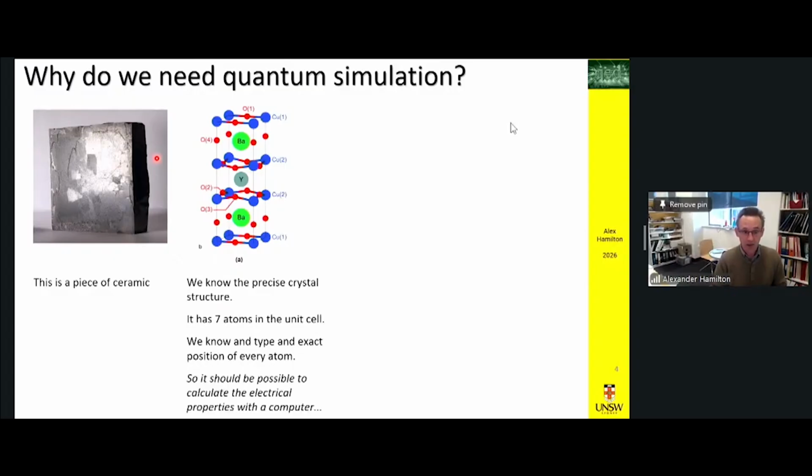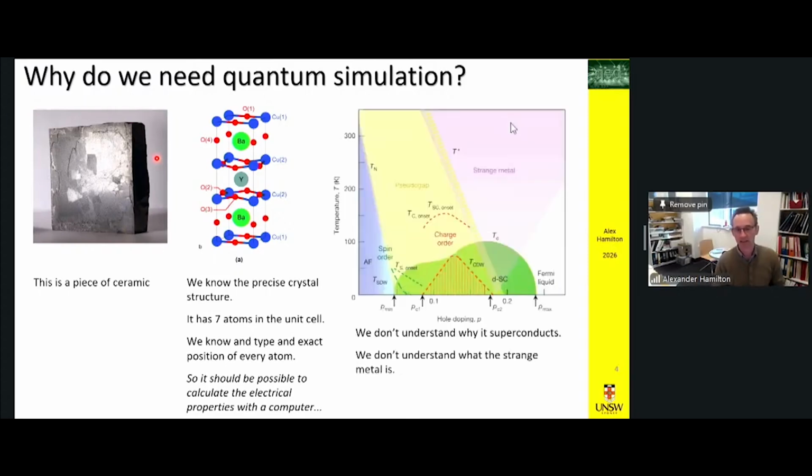So it should be possible to feed the positions of these atoms into a computer and calculate all of its electrical and magnetic properties. And yet, when you do a measurement of its electrical and magnetic properties, this material superconducts. And that's unexpected. We still don't understand why it superconducts, even though this material has been around for nearly half a century. We don't understand not only the superconducting bit.